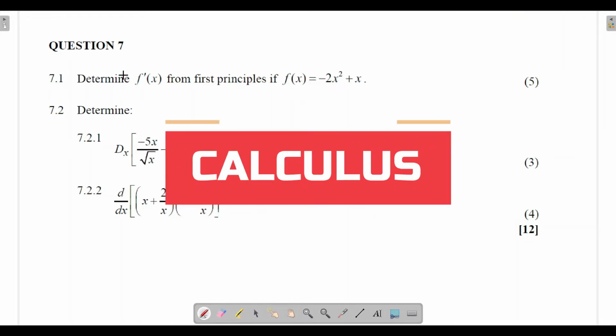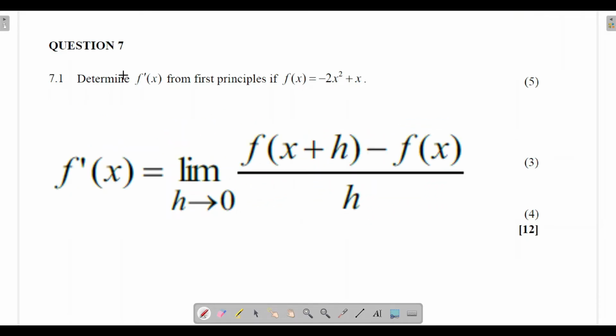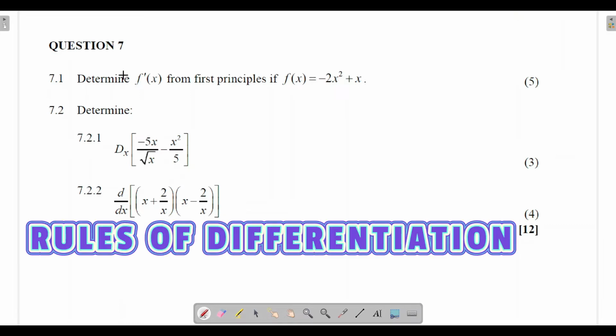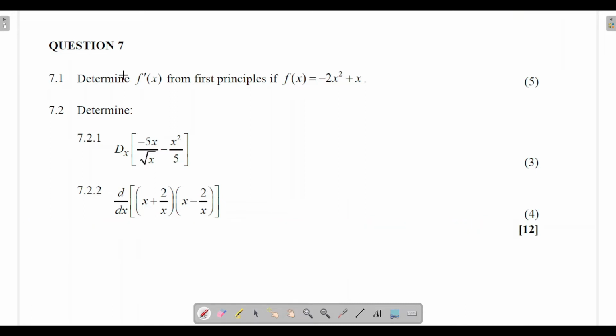In question 7.1, we are going to be using first principles to help us find the derivative of f of x. In question 7.2, we are going to be using the rules of differentiation to differentiate these two equations. So if you struggle in applying the first principles formula to find the derivative of f of x, please make sure that you watch this whole video tutorial.